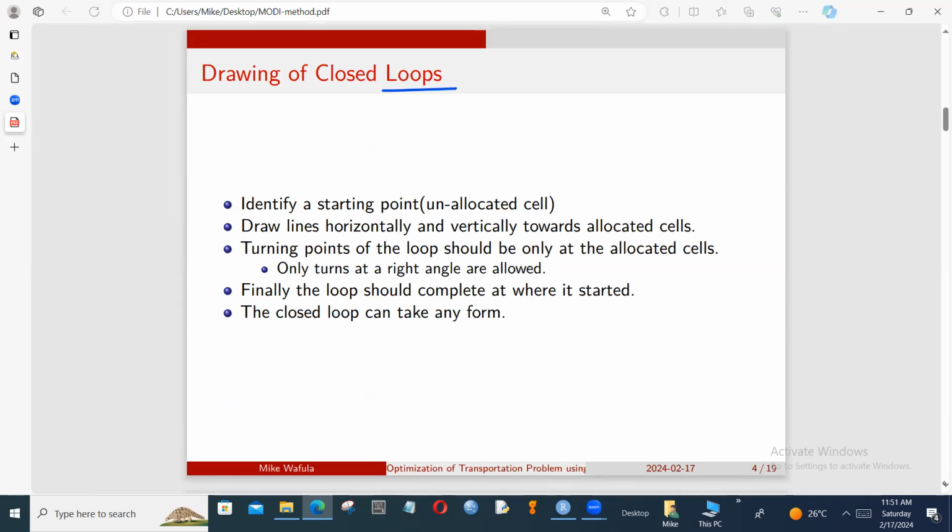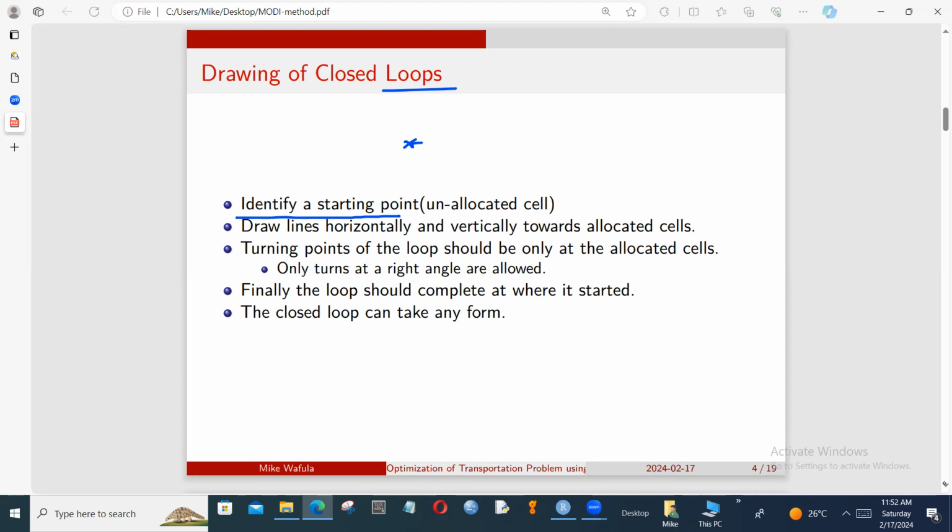But the path that we are going to be drawing in this context, if it's a loop or a path, there must be a starting point identified. In this context, the starting point will actually be an unallocated cell, a cell which has not received any units assigned to it.